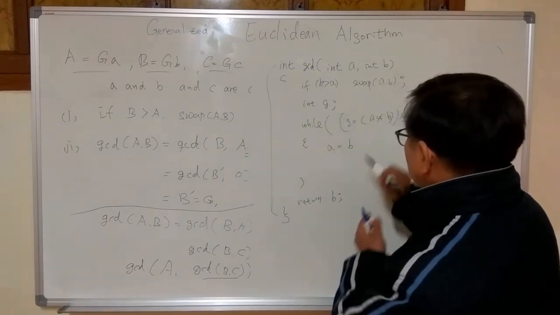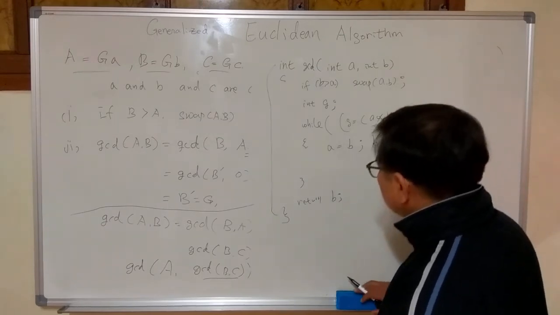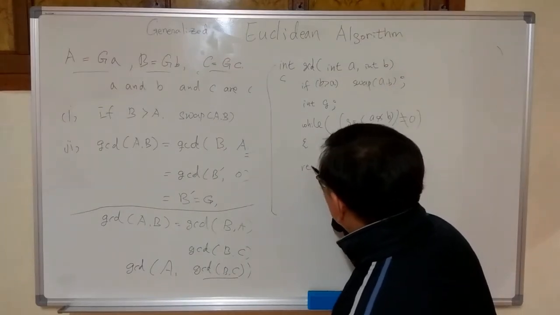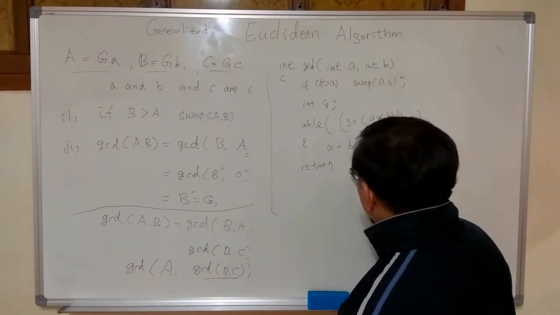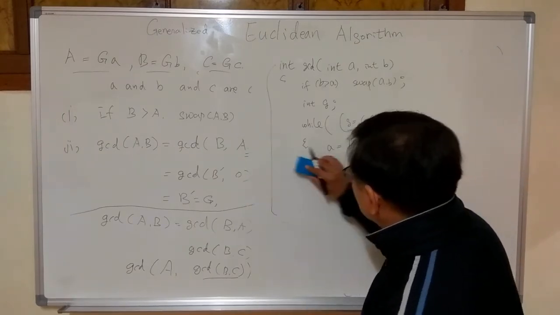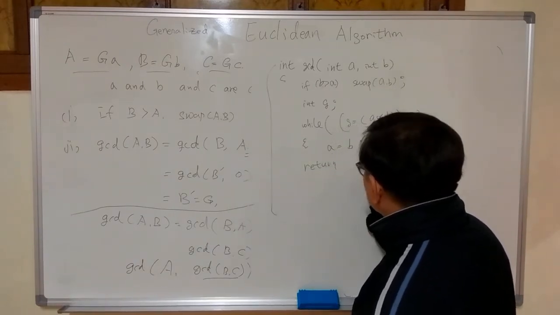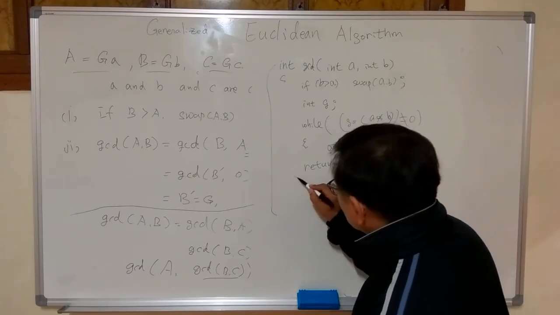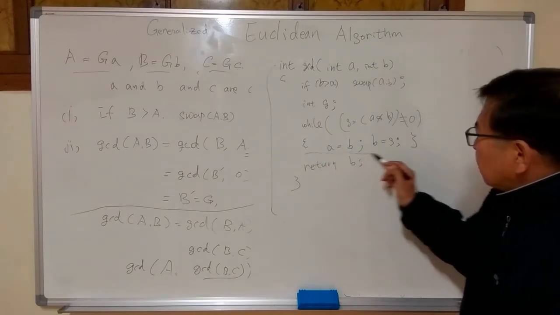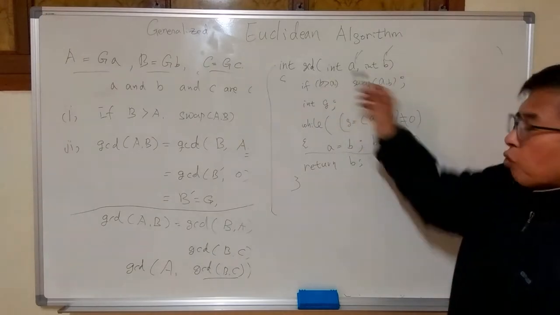I will make it like this. Return. So this way, this is the case of two numbers, GCD of two numbers.